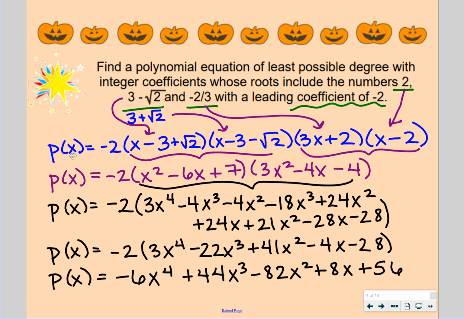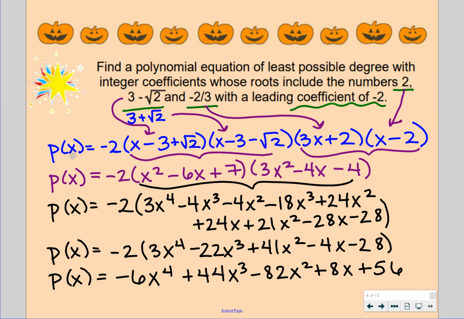Any questions on this one as you're correcting it, checking it? Okay, everybody have what they need?